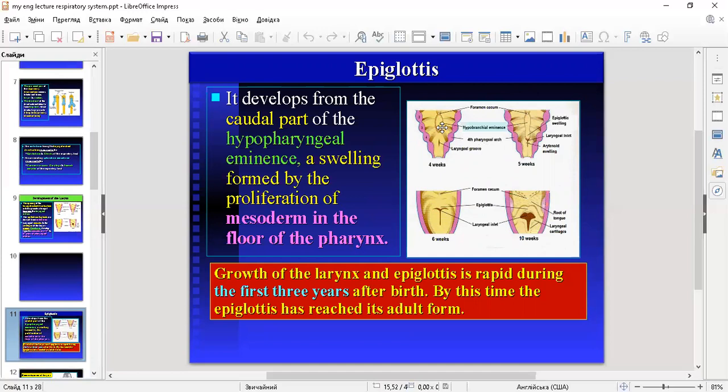Hypopharyngeal eminence, laryngeal groove, laryngeal aditus. Growth of the larynx and epiglottis is rapid during the first 3 years after birth. By this time, the epiglottis has reached its adult form.